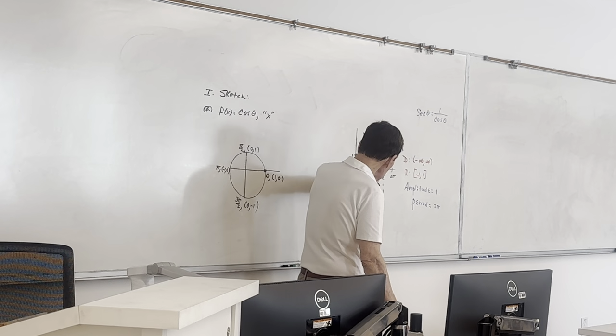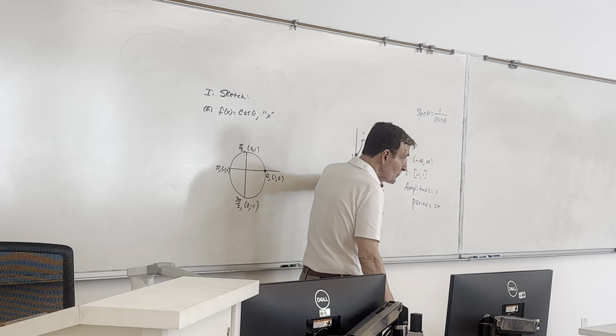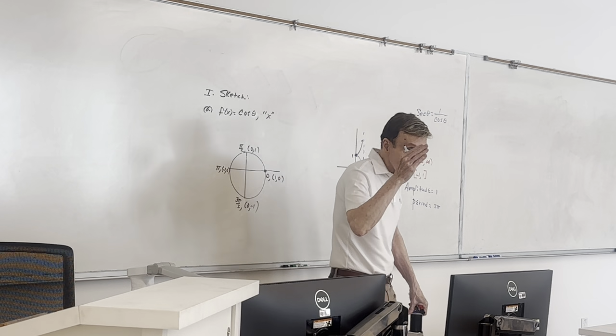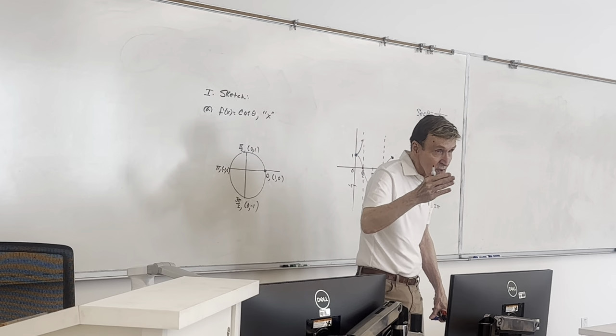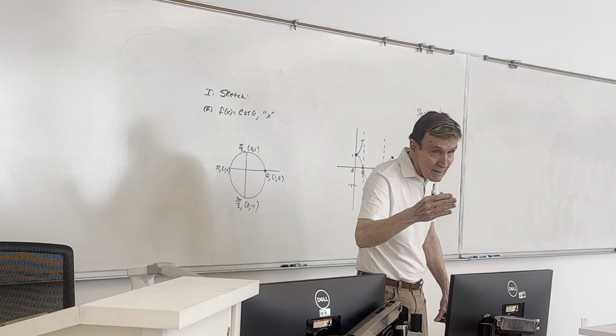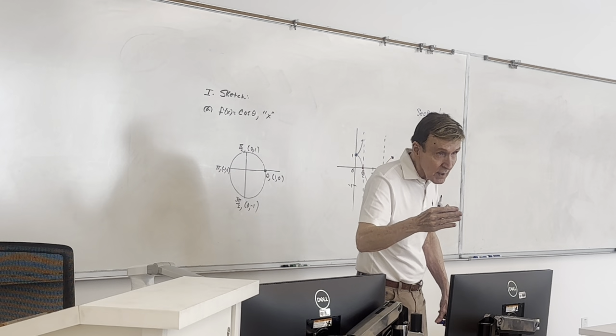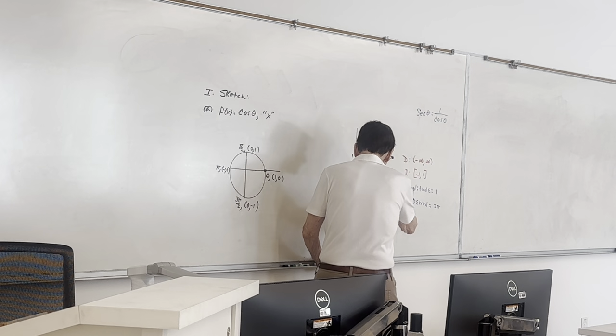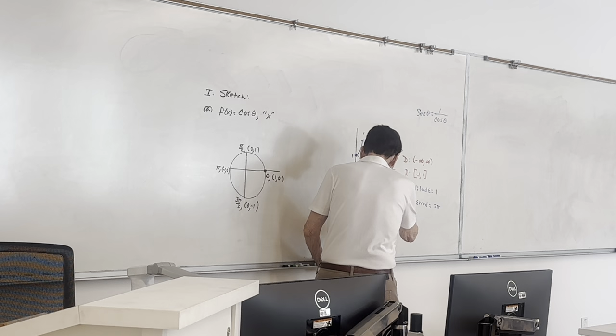Quadrant 3 is from pi to 3 pi over 2, from 180 to 270. Now, if I'm in quadrant 3, doing cosine or secant, what's the x coordinate? Negative. So you stay below. Negative. It just turns and does something like that.